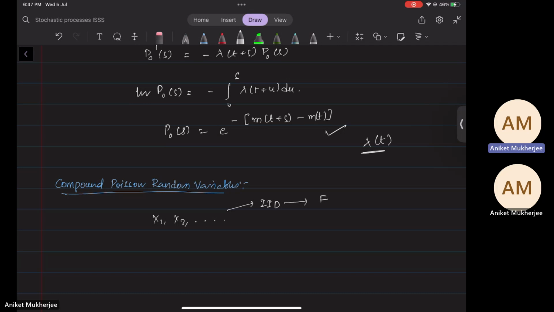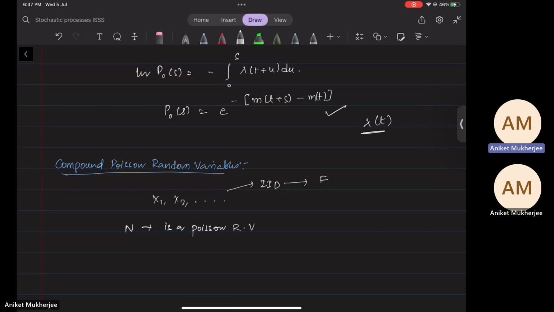And now you have a Poisson random variable n. So n is a Poisson random variable with mean lambda, with parameter lambda. Not a Poisson process, just a Poisson random variable. Now we define a random variable W, and these both are independent.